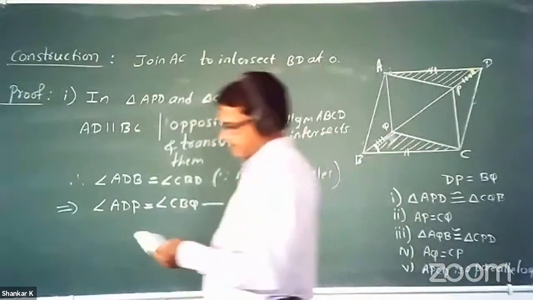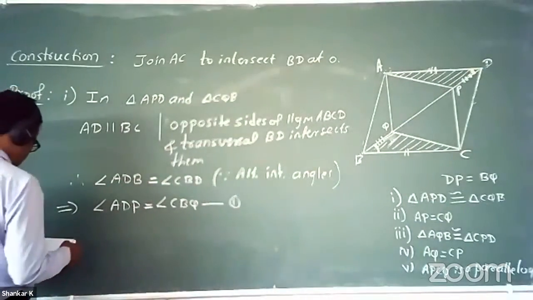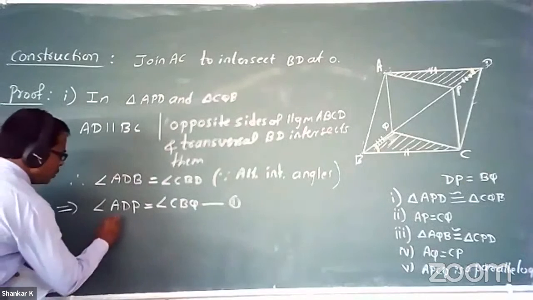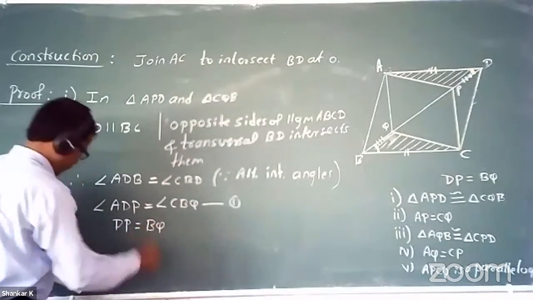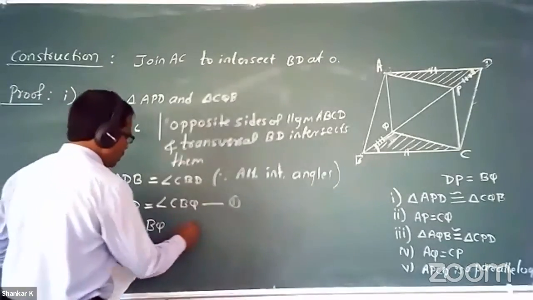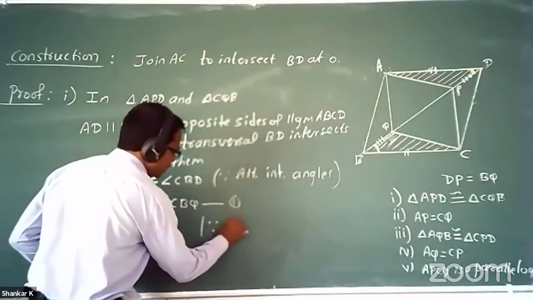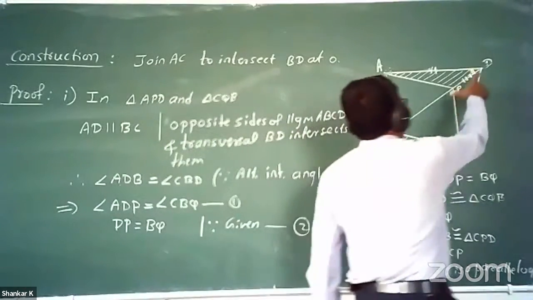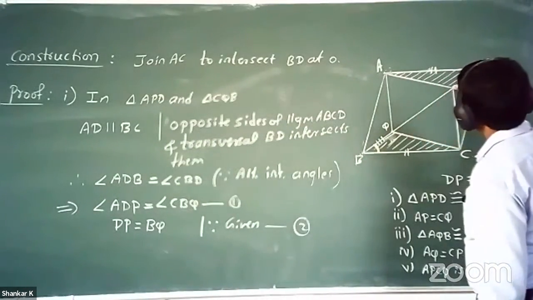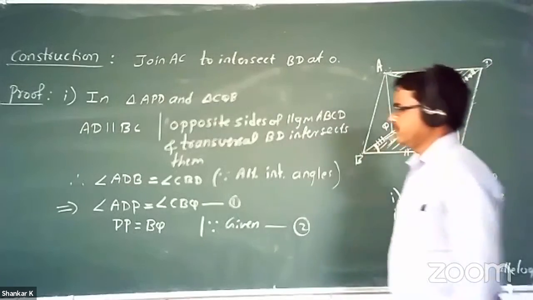Call this as 1. Then DP equals BQ. Why? Because given. Call this as 2, where DP equals BQ. This much is given.